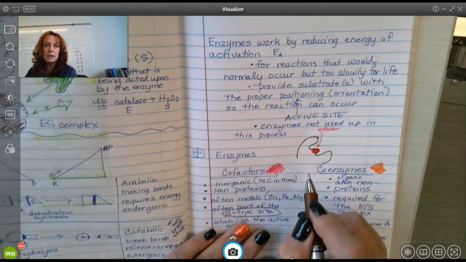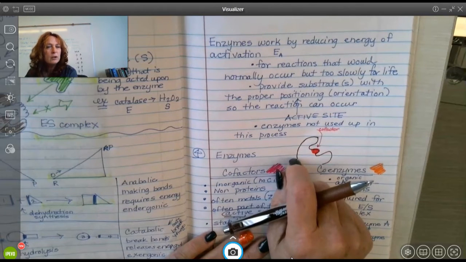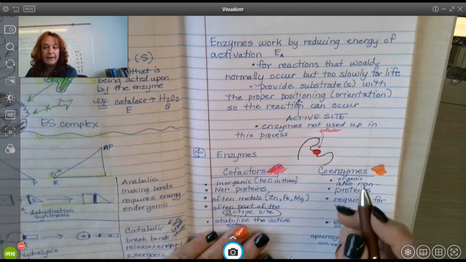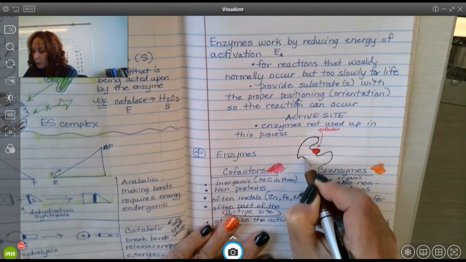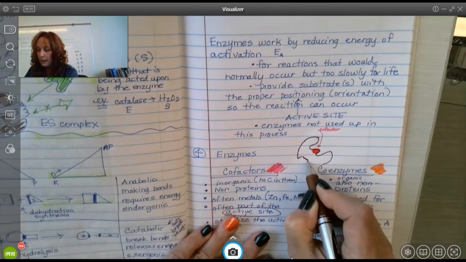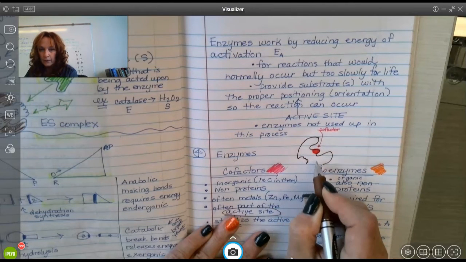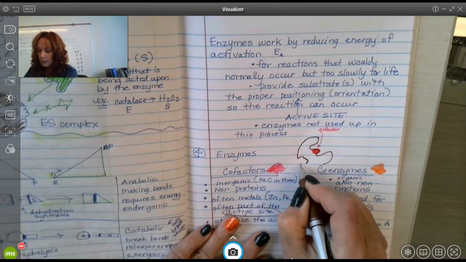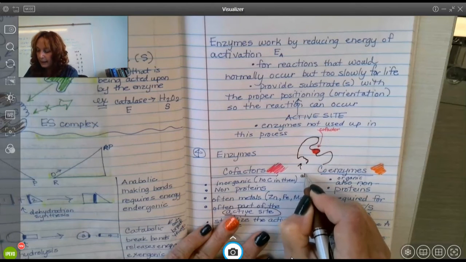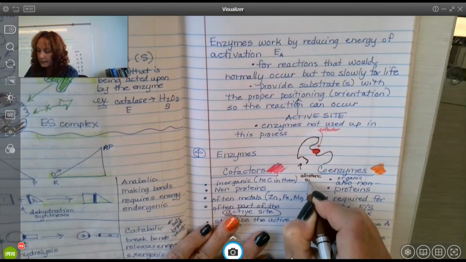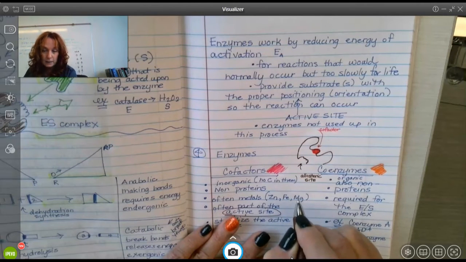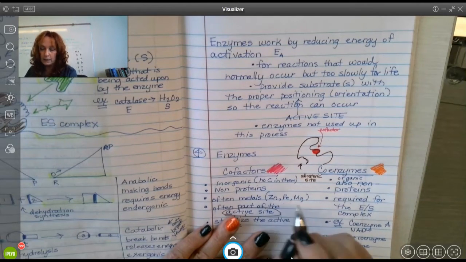I'm at a place that's not my house. What a terrible way to tell me where you are. But that's the way that they define this location. So we're going to put another place on the enzyme. This is called the allosteric site. It is a site that is not the active site.